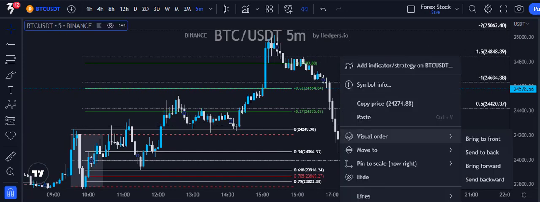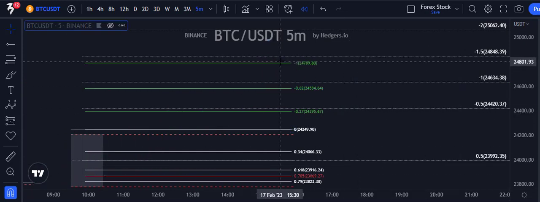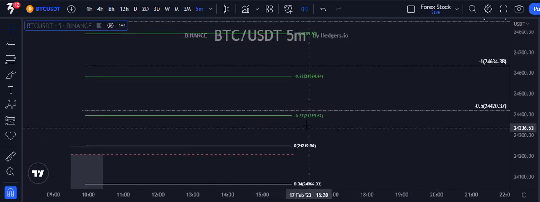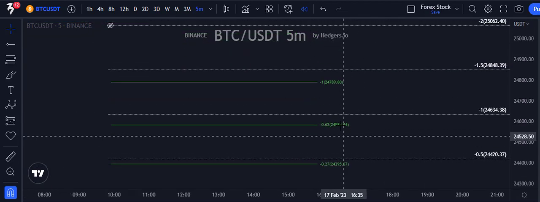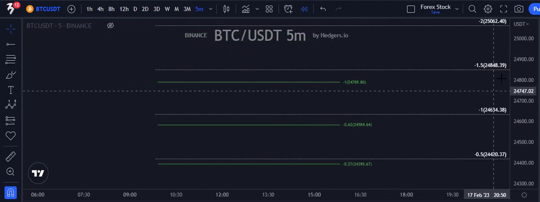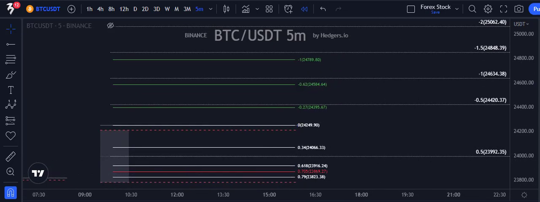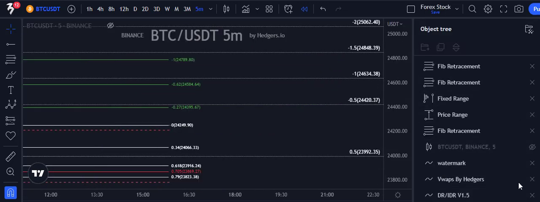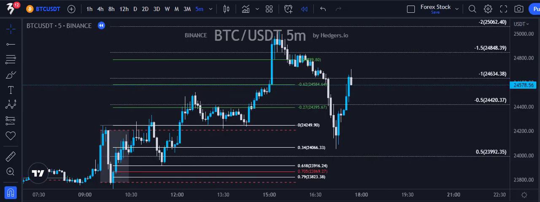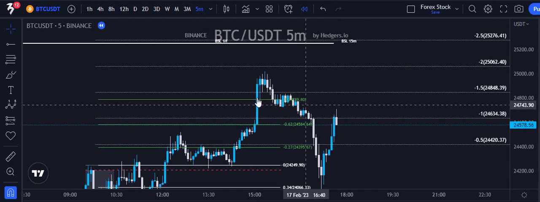Let me just close this, and you will see here 0.27, minus 0.62 deviation and -1. These are all of your three targets for the day trade. And now you see here, based on the OTE settings, all of the targets have been hit.